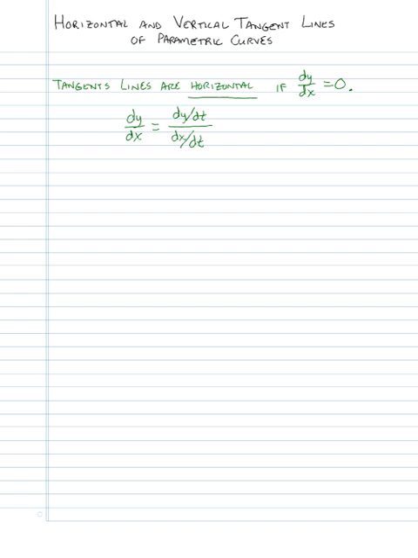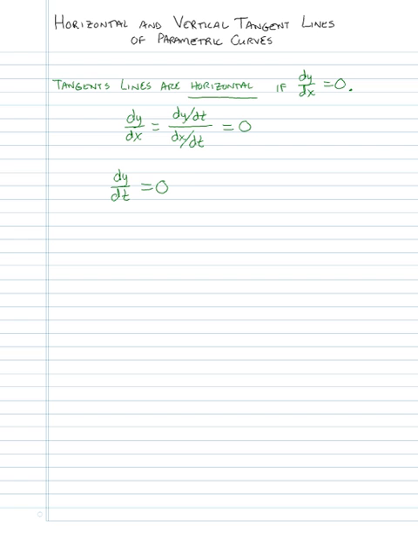And so if the derivative of y with respect to x is equal to 0, that implies, here we have a fraction that's equal to 0. That implies that the derivative of y with respect to t must be equal to 0. But that fraction won't be 0 if, in fact, the denominator is 0.